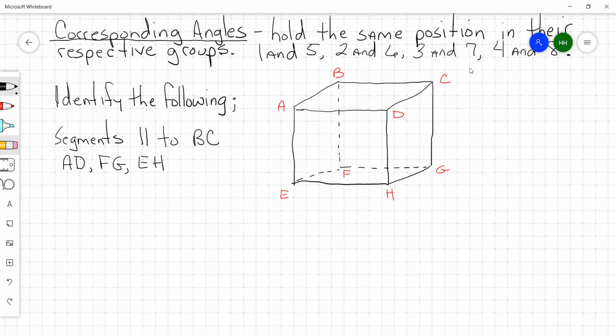Anybody not see that? All right, parallel lines are in the same plane, they don't intersect. Same plane, don't intersect. Skew lines, if we're looking for segments skew to BC.